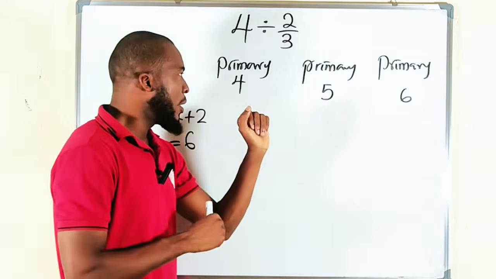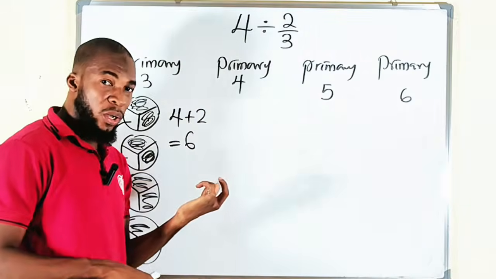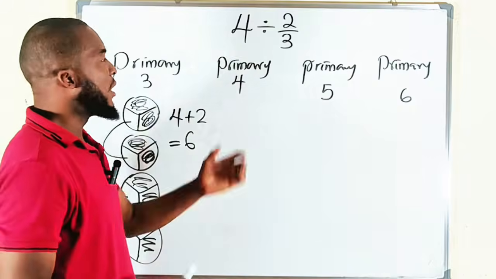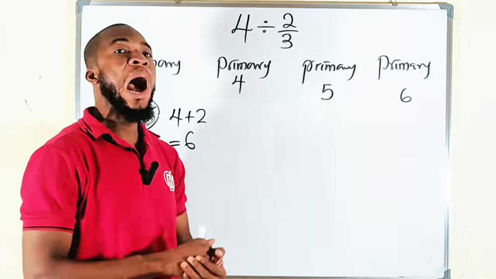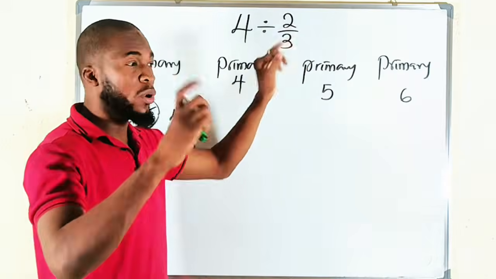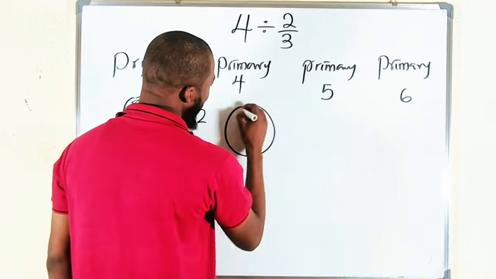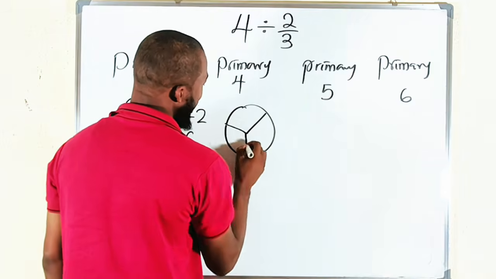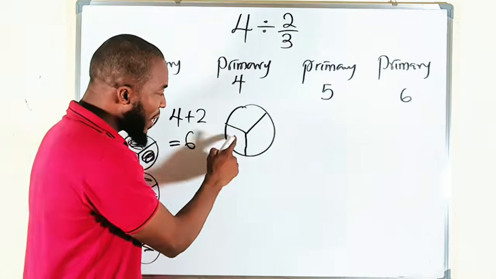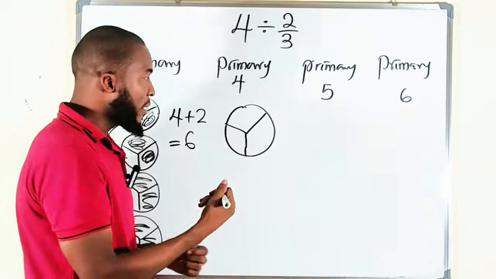Now, what about primary 4? In primary 4, you can start with 1 whole, then you multiply by the rest because this is 4 wholes. Something like how many 2/3 are available in 1 whole. For example, let me use the same pizza. If you divide it into 3, how many 2/3 can you find here? Remember that each piece here is equal, right?